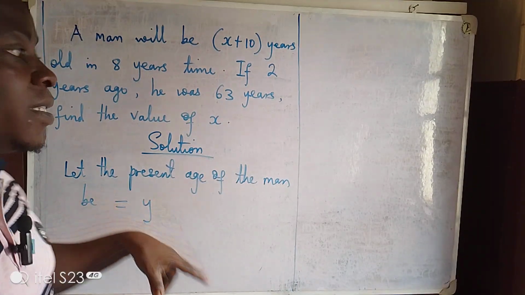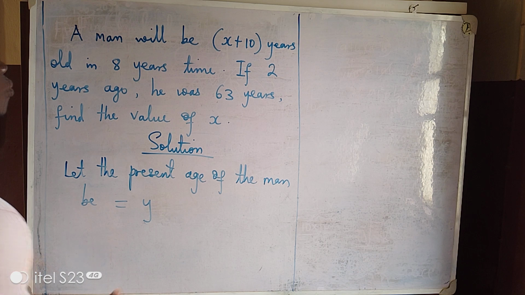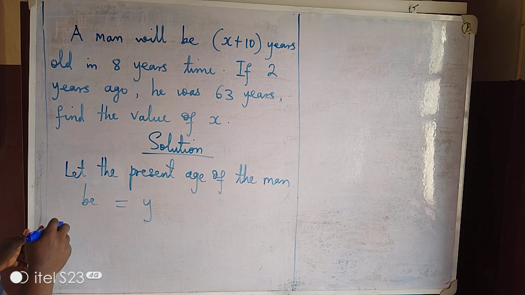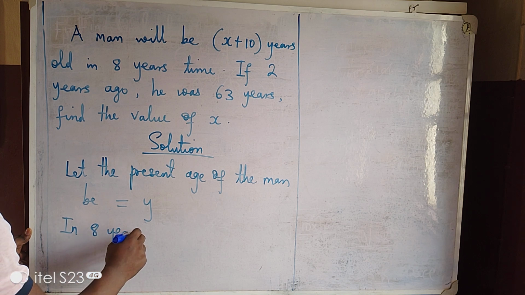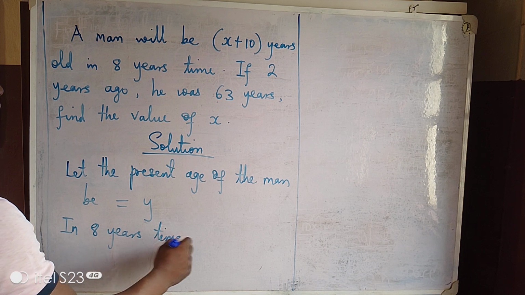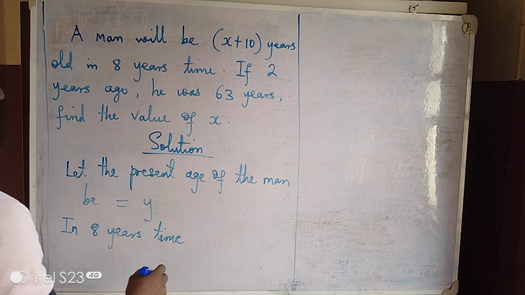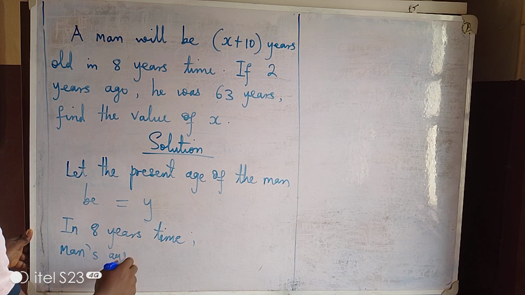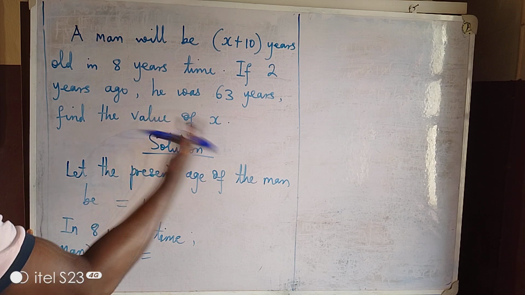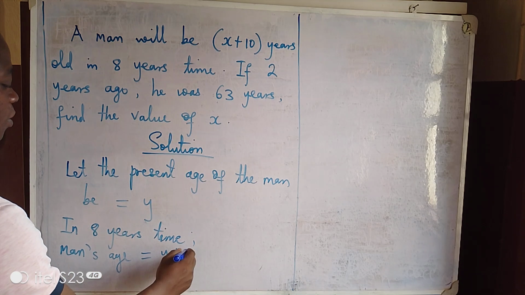So we now say let the present age of the man be y. In the sentence they say in 8 years time the man's age will be, in 8 years time it's going to be y plus 8.